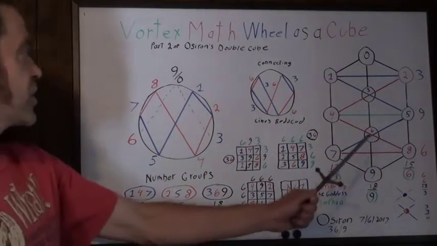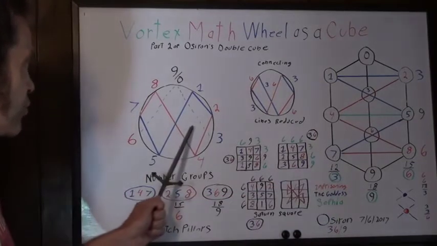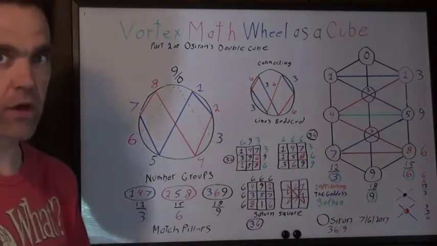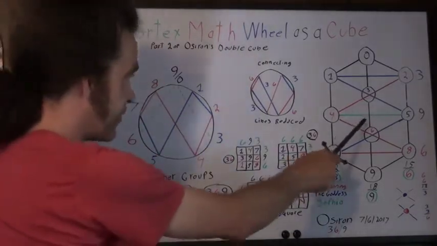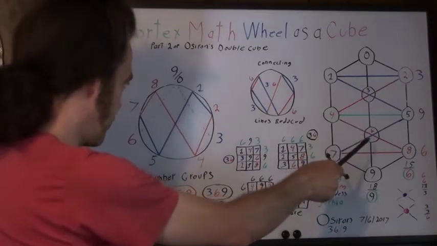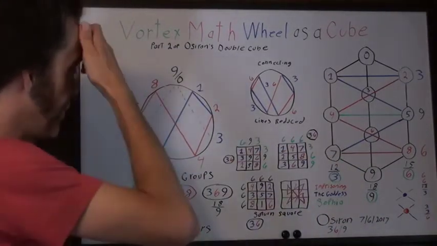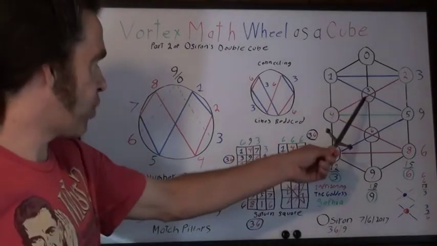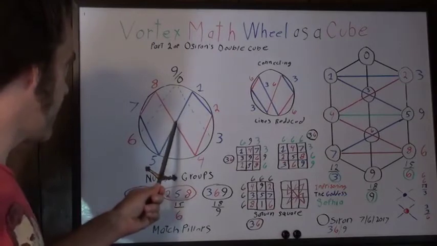So this structure here, the double cube of Lord Osiron, perfectly mirrors the Vortex math wheel in every way. You know what I mean? So this basically is the Vortex math wheel in a cube form. And the only real difference is there's 2 cross points here instead of 1 in the Vortex math sigil.